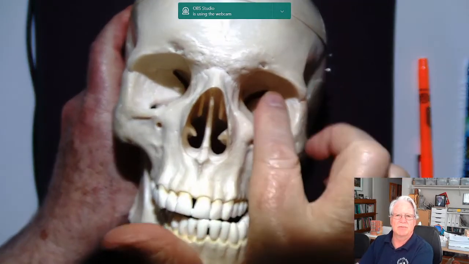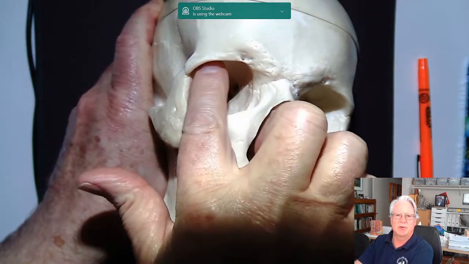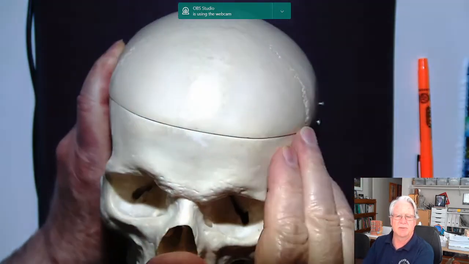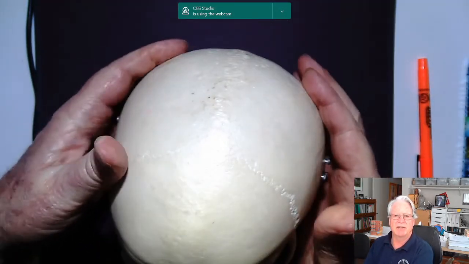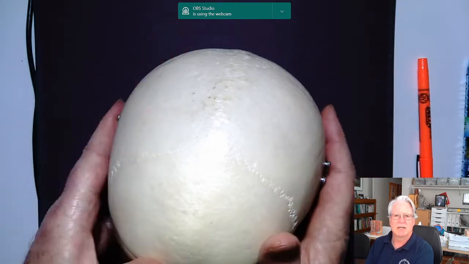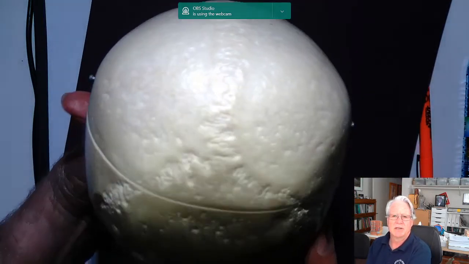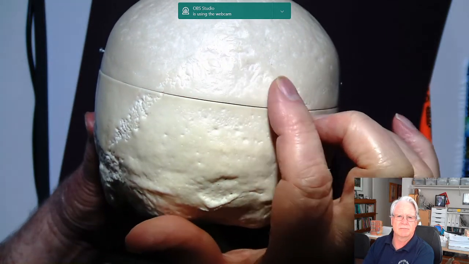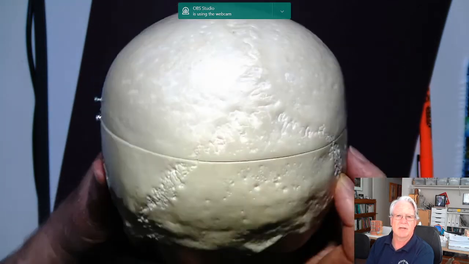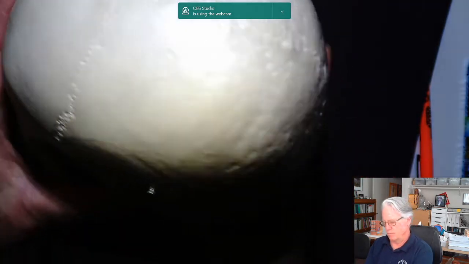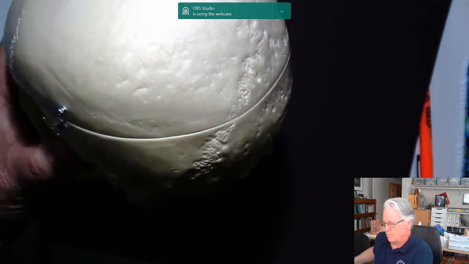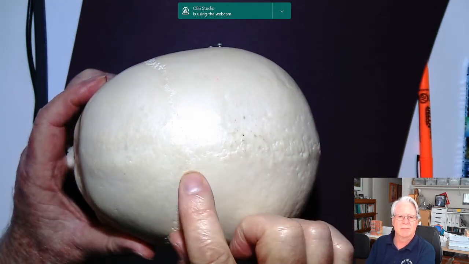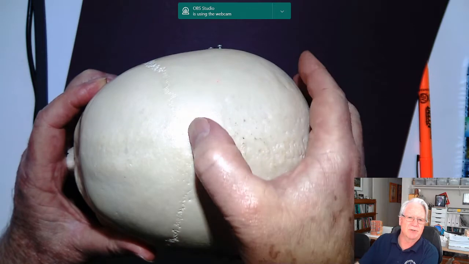And as you noticed in the picture, this portion is part of the frontal bone. Okay, so all of that is frontal bone. Then I have my two parietal bones. And then back here, I have the lambdoid suture. I have the sagittal suture, and then I have my coronal suture.